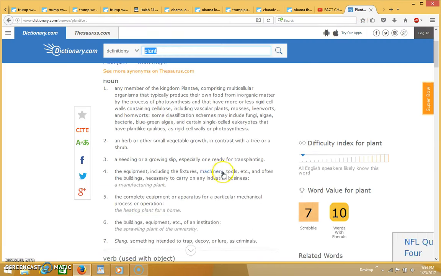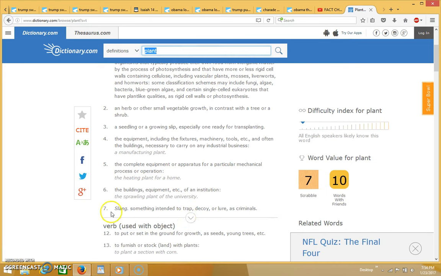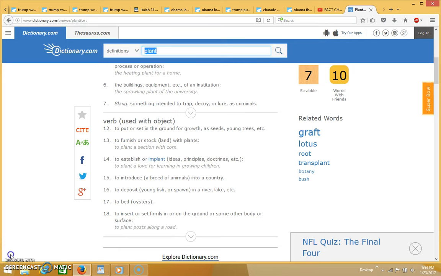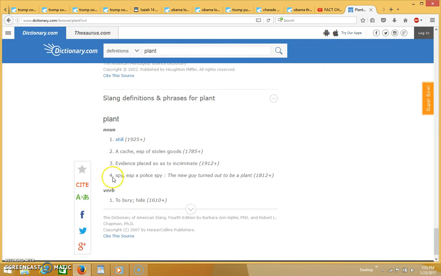Okay, here's the definition, and if you look at number 7, which is the slang definition, it says something intended to trap, decoy, or lure, as in criminals. And then you have some more slang definitions further down, and you see this word over here, shill, is one of the definitions for plant.